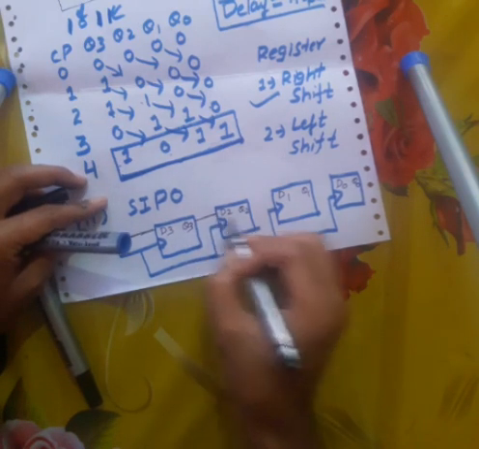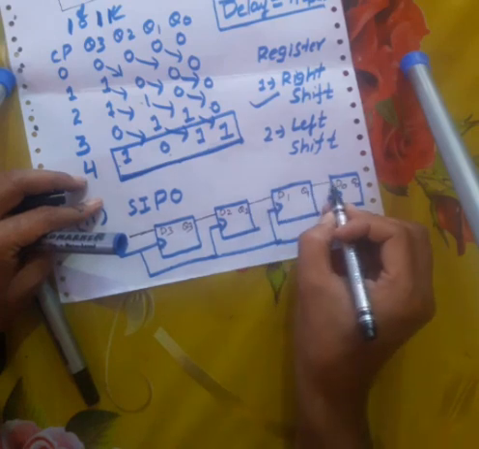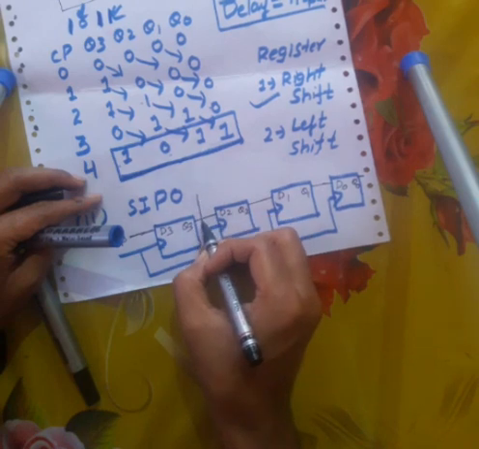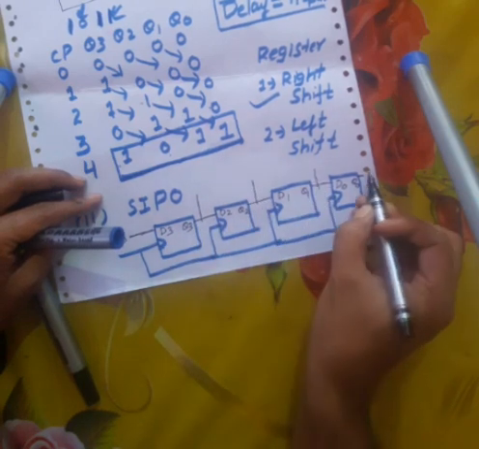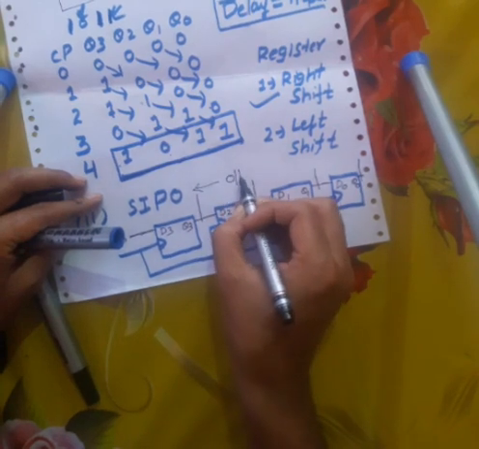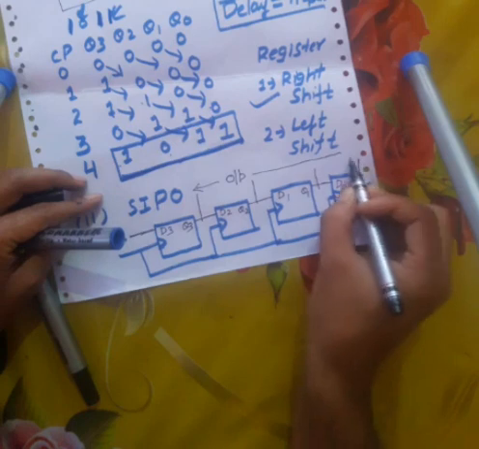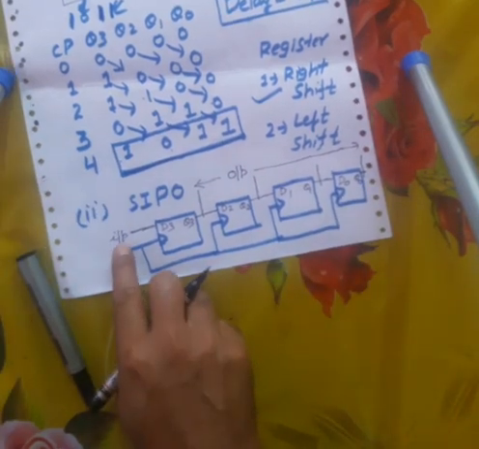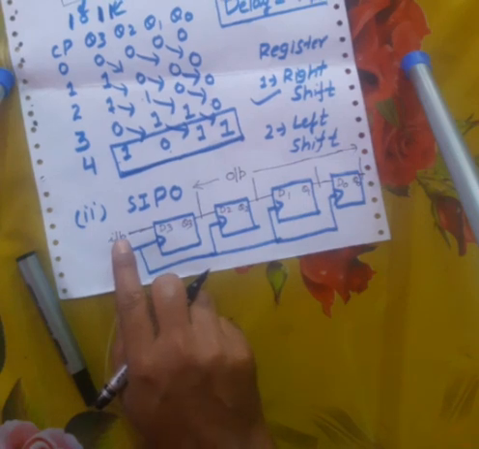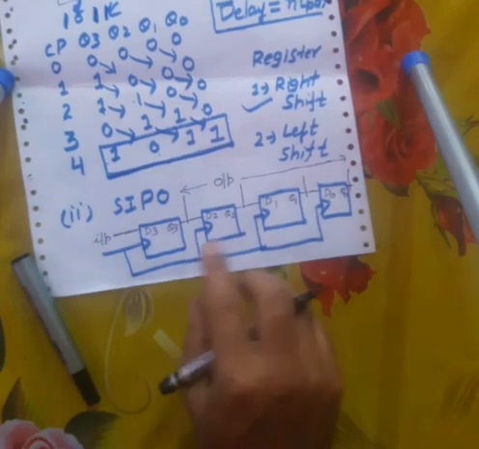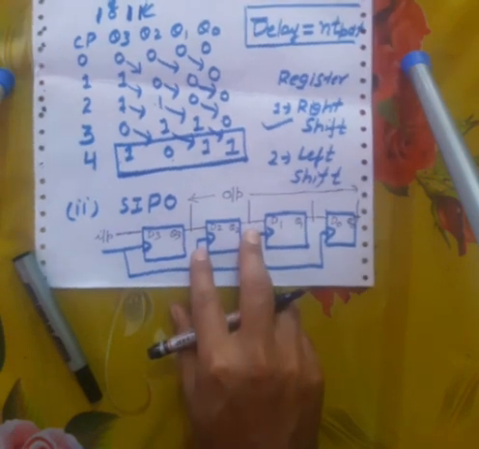You will take the output parallelly, 1, 2, 3, 4, not from here. You are giving input serially, which means 4 clock pulses are required to give the serial data input, but you can get the output parallelly.